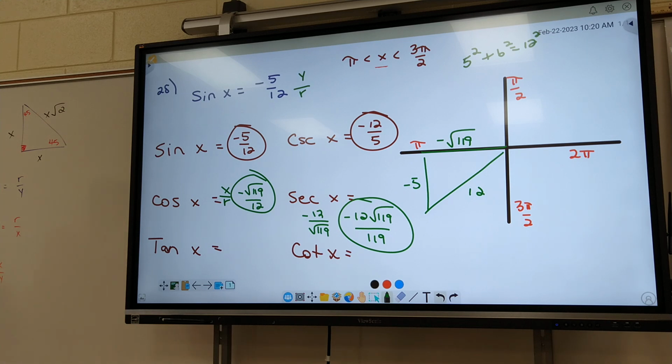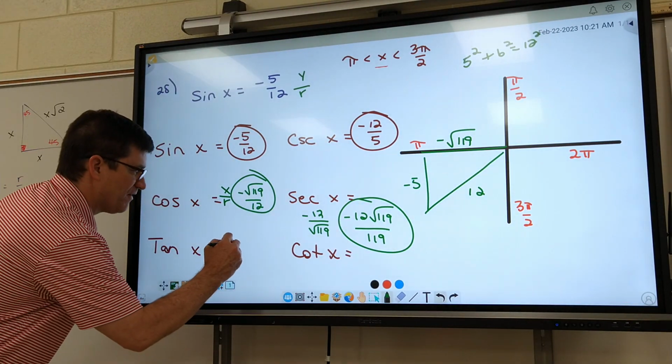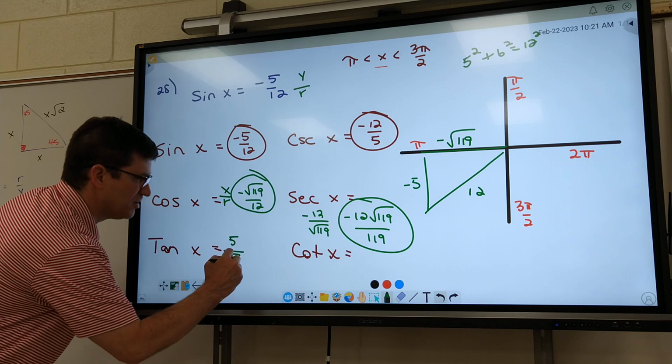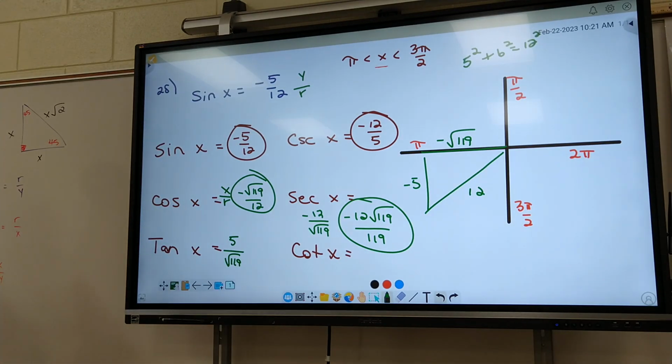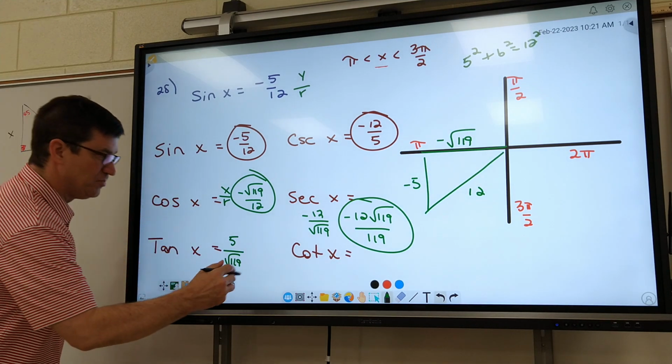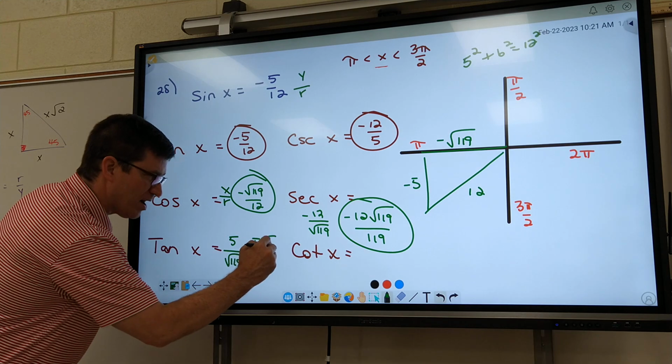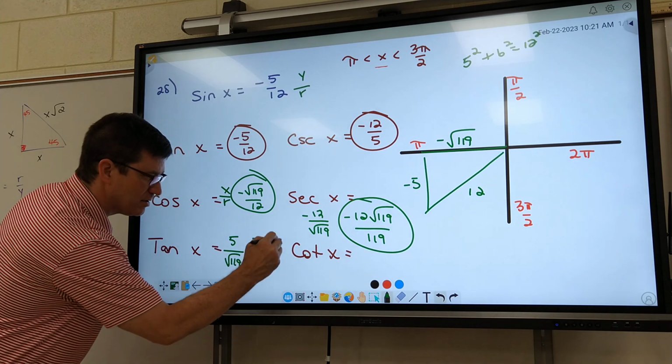On this, you don't have to because you're going to just punch it in the calculator. All right, tangent is y over x. So I got 5 on top, root 119 on the bottom. Where did my negatives go? Negative divided by negative is a positive, they cancel. Put it in the calculator, and it should be 5 root 119 over 119.